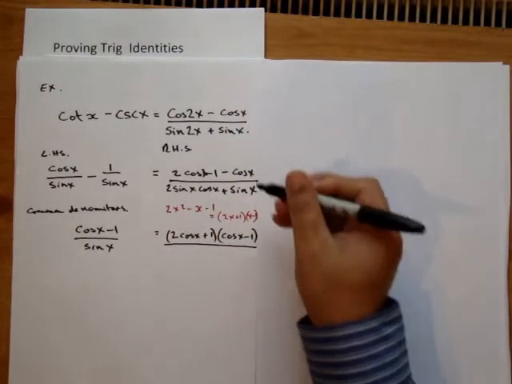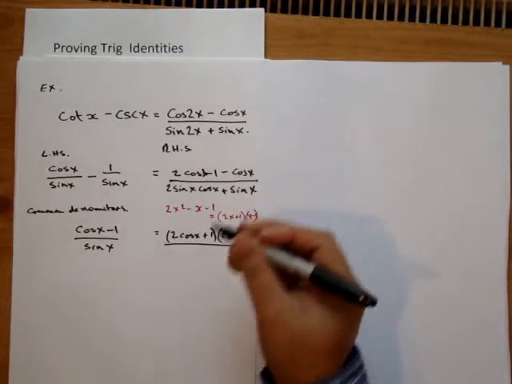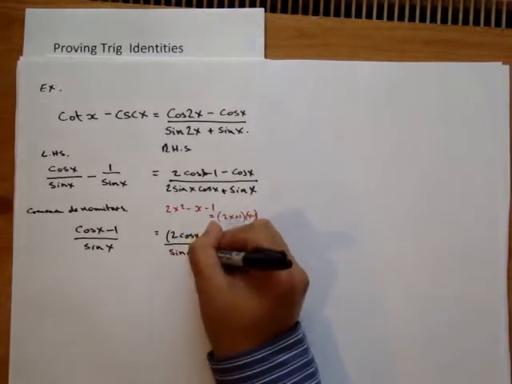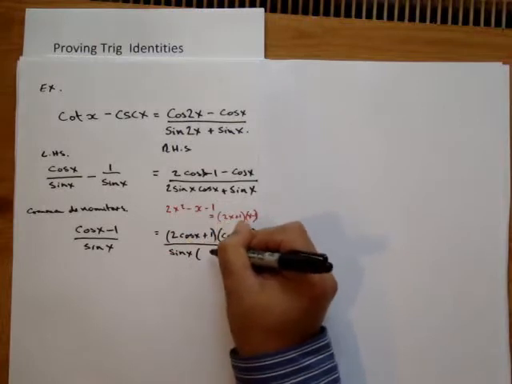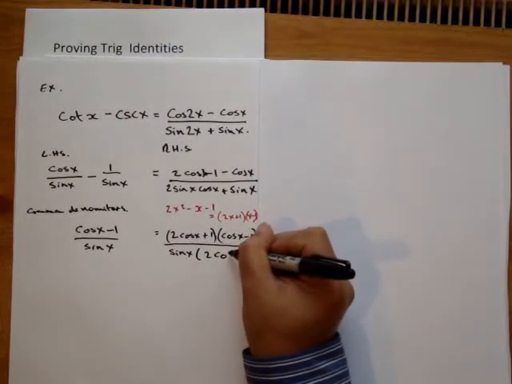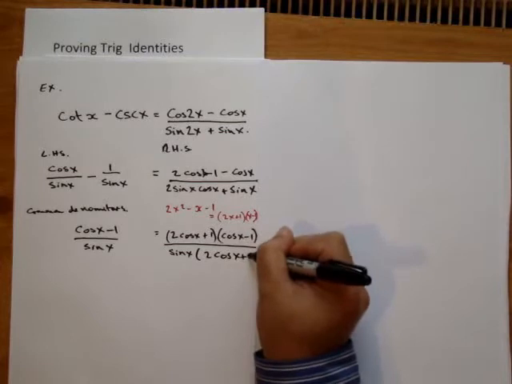And when we factor out a sin x from the denominator, we get sin x times 2 cos x plus 1.